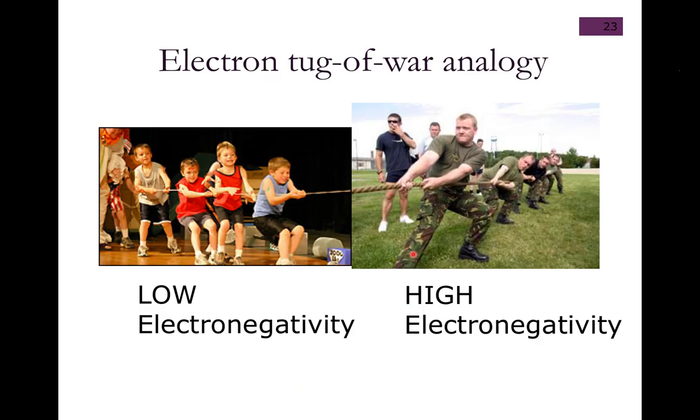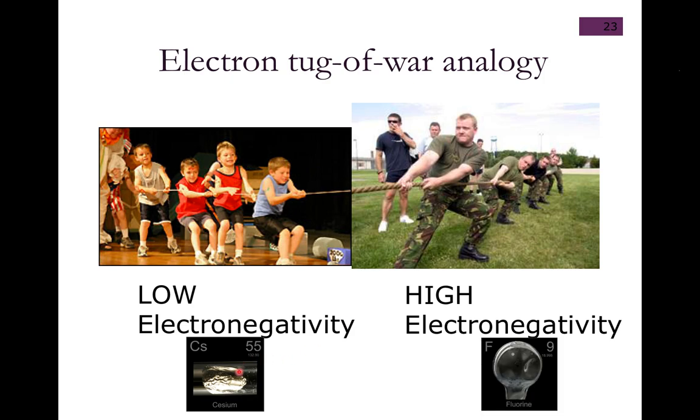So essentially right here, this is a good example. If you have the low electronegativity of cesium and then the high electronegativity of fluorine, it's like the Navy SEALs versus third graders. The Navy SEALs are obviously going to destroy the third graders, and they're going to pull the rope completely towards them, and the third graders don't stand a chance.